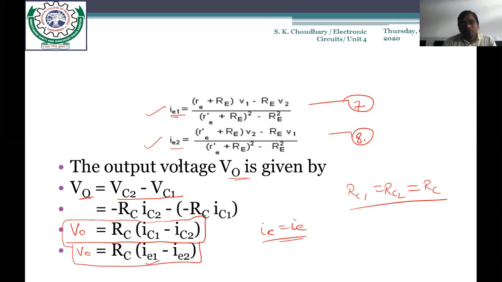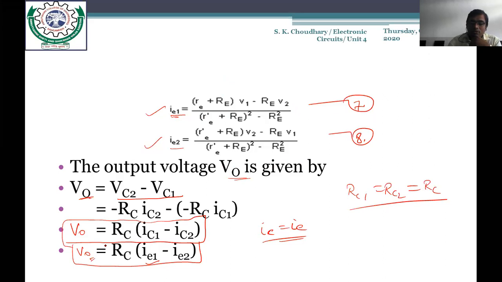So if in the examination they ask you to solve this or find some value of the output voltage in a numerical, you have to first find out IE1 from equation number 7 and IE2 from equation number 8. Then and only then you can find out V0, and RC is given in the numerical.